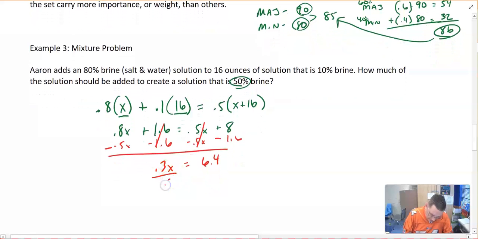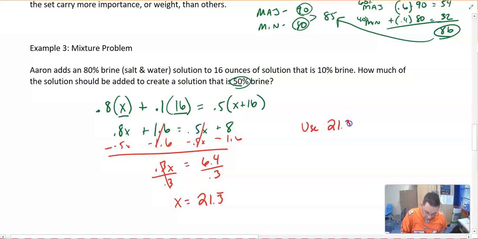And then we can divide both sides by the 0.3. And when we do that, we're going to get 21.3 repeating. Now, what does x represent in this problem? That they would need to use 21.3 repeating ounces of 80% brine to make 50% brine.